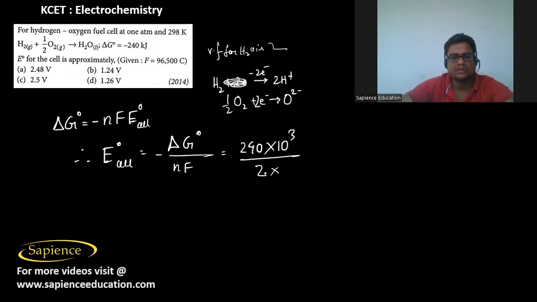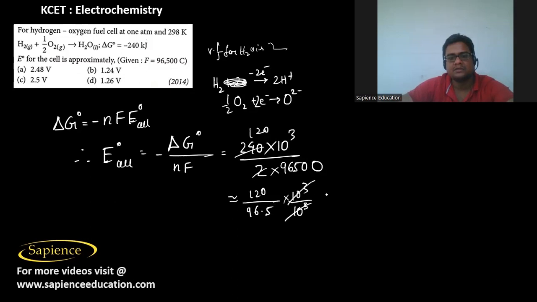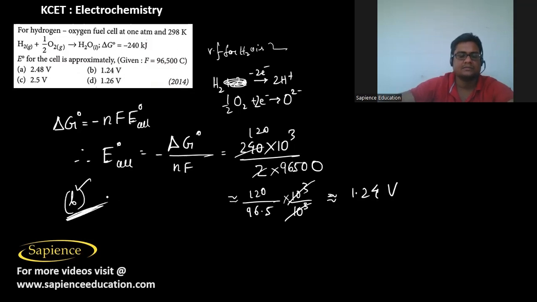So n is 2 here, into F is 96500. So from here we can get the E naught cell. If we solve it, then we will get 240, so this is 120 by 96.5 into 10 power 3, and the 10 power 3 will cancel out. So 120 by 96.5 is approximately equal to 1.24 volts. So option B is the correct answer.